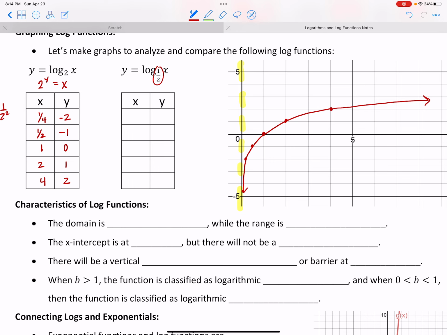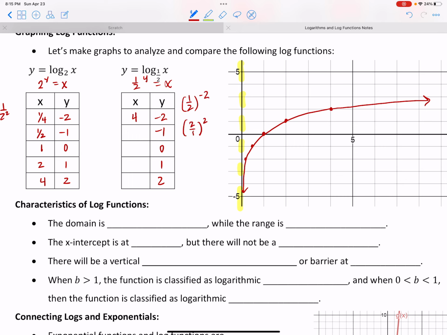Here again, in exponential form, this would be 1/2 to the power of y equal to x. So my inputs now are what the outputs were before. My exponents now are my outputs. I'm going to pick those exponents and plug them in. So 1/2 to the negative second is 2 over 1 to the positive second, which is going to be 4.